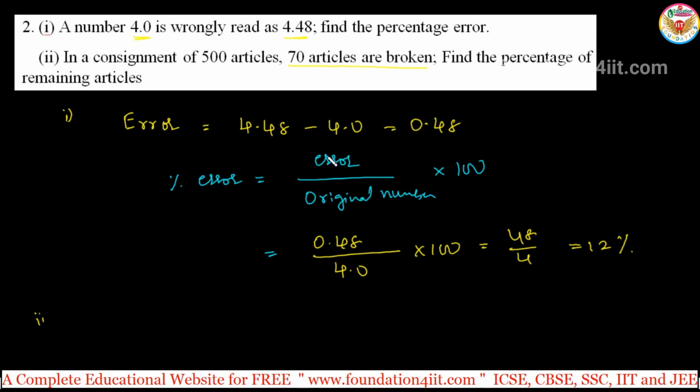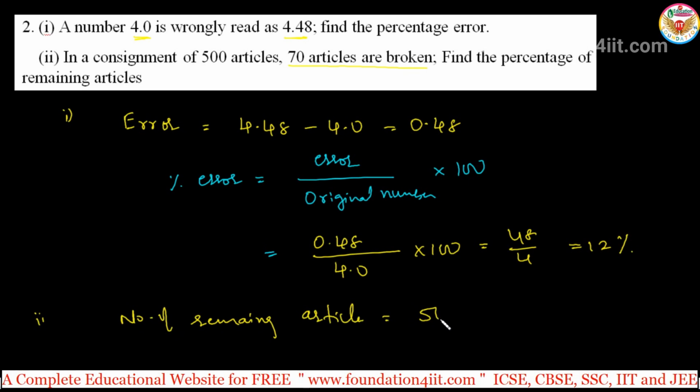First we should know the number of remaining articles. Since 70 articles are broken, the number of remaining articles is 500 minus 70, so 430.